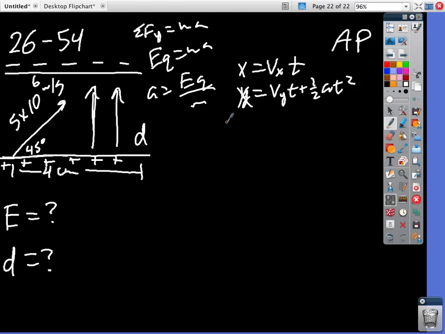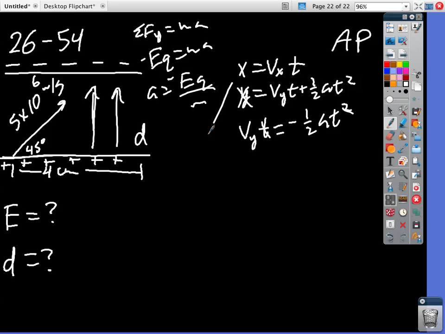The Y becomes 0, so I get VYT. Oh, that's negative, by the way, because that has to go down. VYT is equal to negative 1/2 AT squared. Okay, so then that cancels one of these T's.